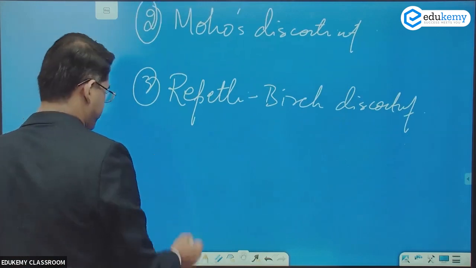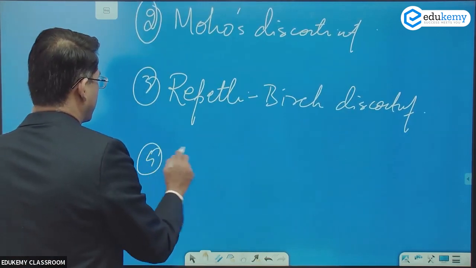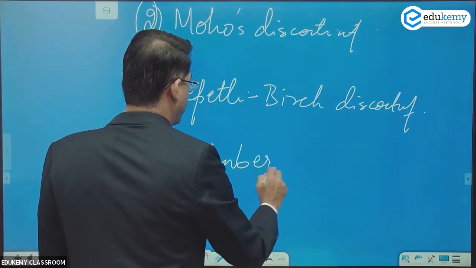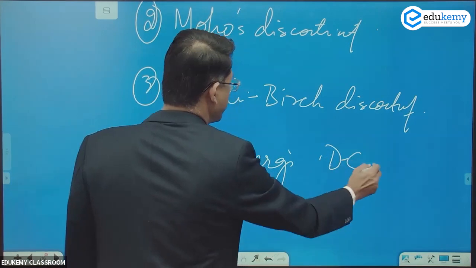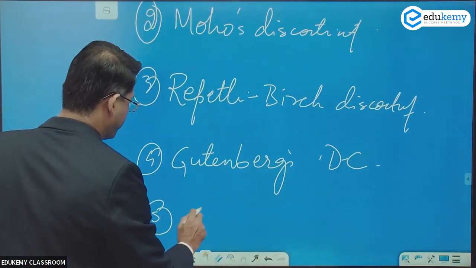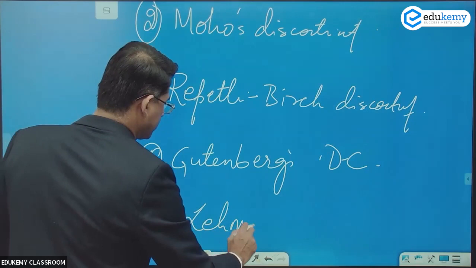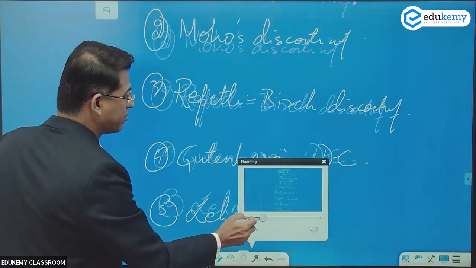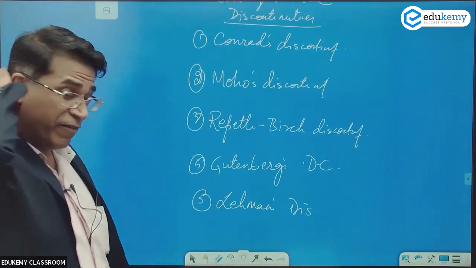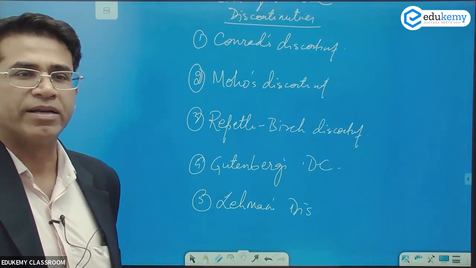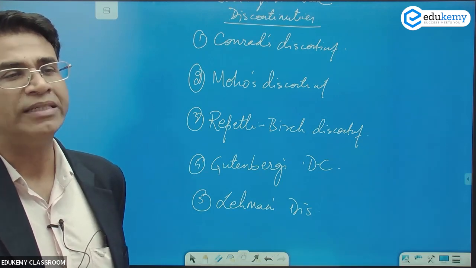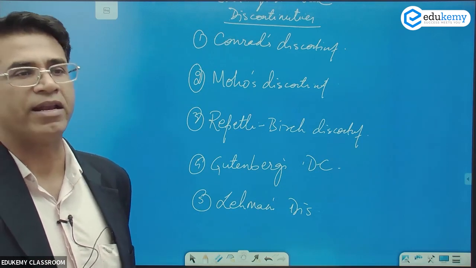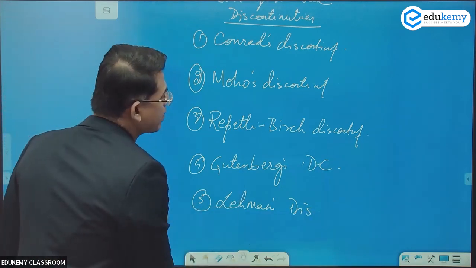Then we have Gutenberg's discontinuity, and we have Lehman's discontinuity. You've heard about these terms? These 5 is what you better remember. Conrad, Moho, Repetle or Birch, Gutenberg's and Lehman's.